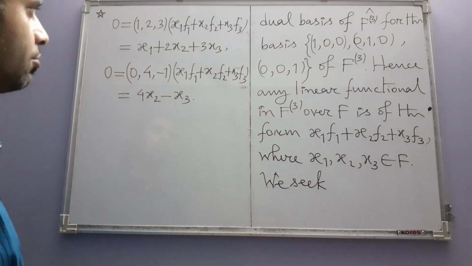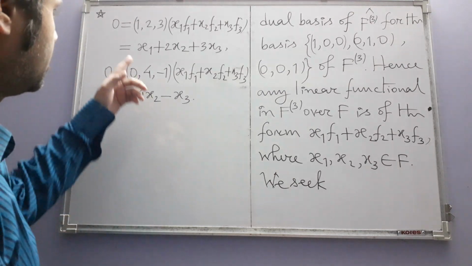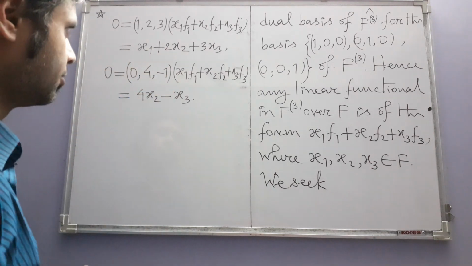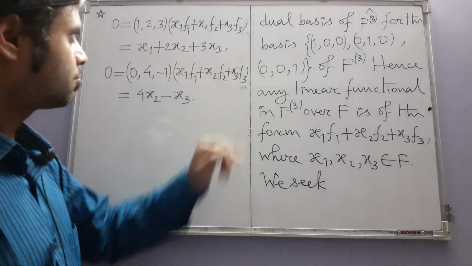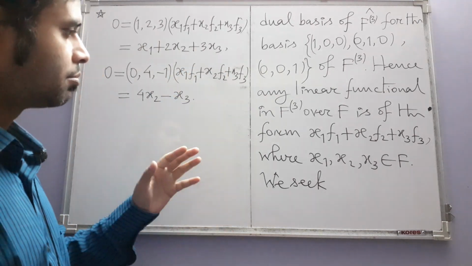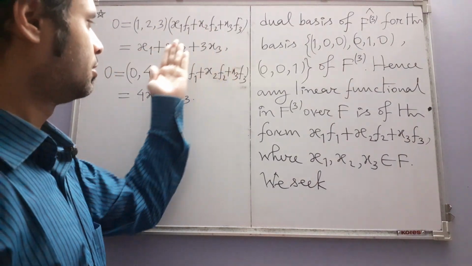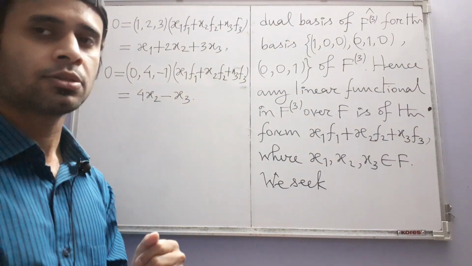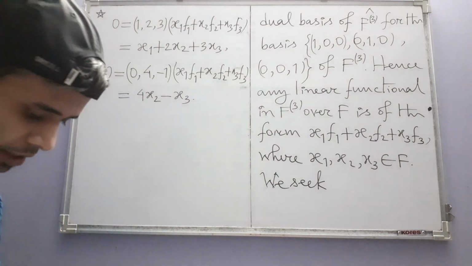So we now have a homogeneous system of linear equations in 3 unknowns, and we want to find these x1, x2 and x3, and because we want a non-zero linear functional, we want a non-trivial solution to this system, and one such solution is what I have here.